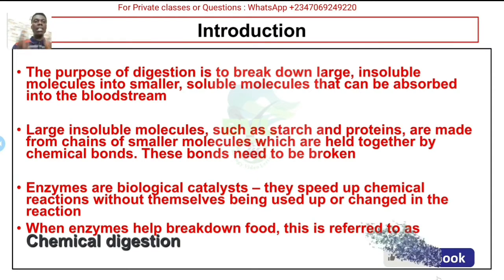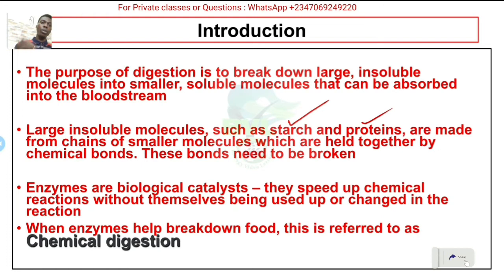So it says here that large substances like protein and starch are made from smaller chains of molecules which are held together by bonds. Those bonds need to be broken so that the smaller components can be released. So what enzymes do is help break such molecules into smaller ones.